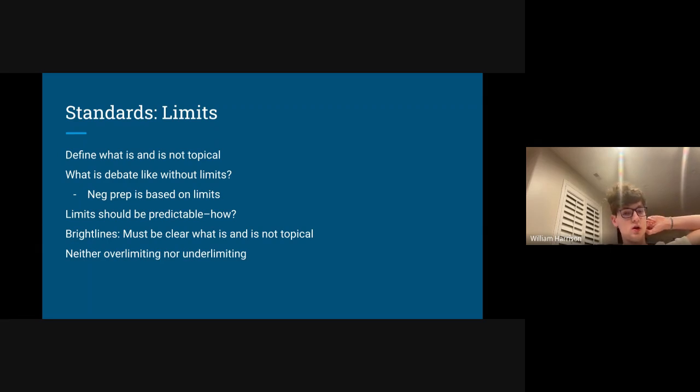A good evidence of this is that LD only has one AF for a resolution that lasts 1 or 2 months, and they're fine. Well, LD is neg skewed, but that's because of its speech times. But still, there isn't this issue where the more you research a topic, the more neg is winning.